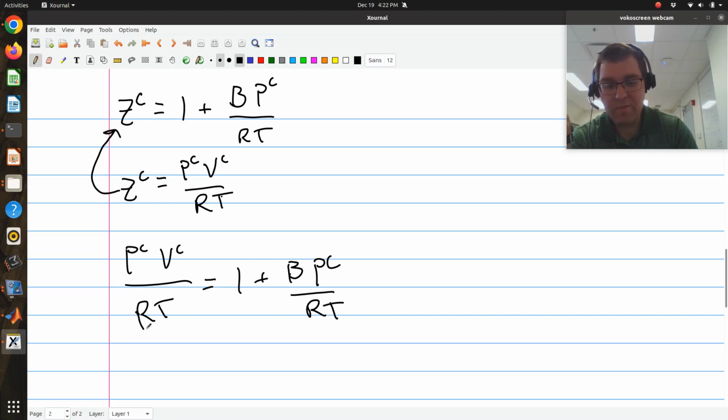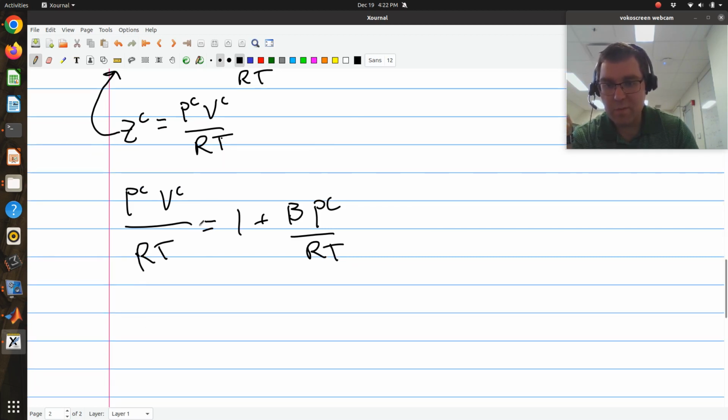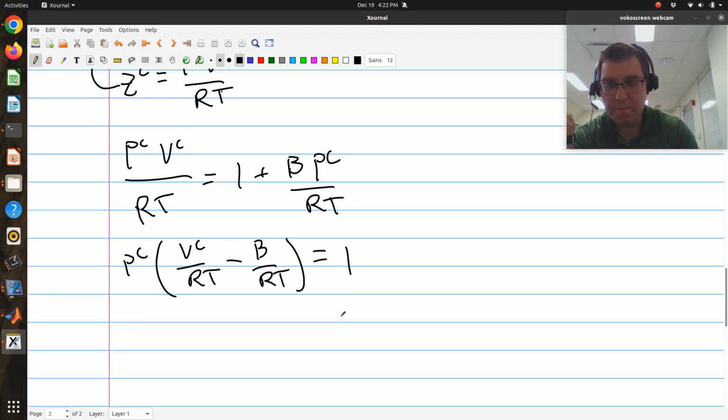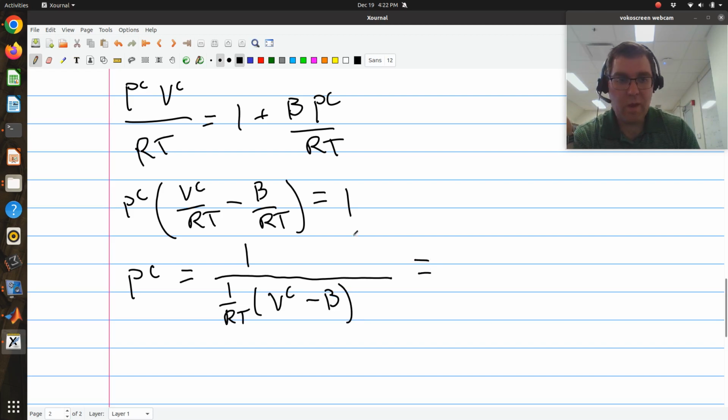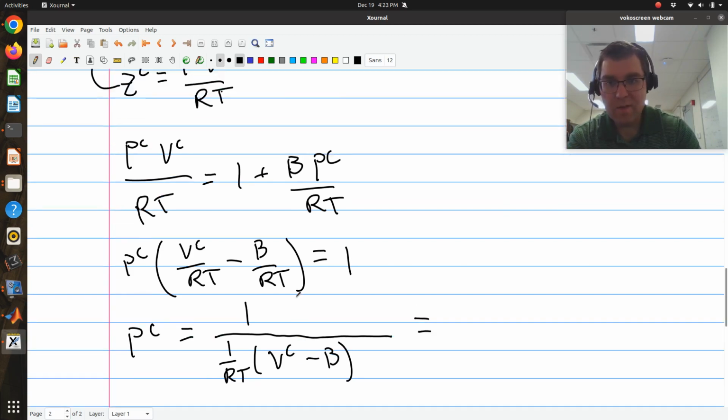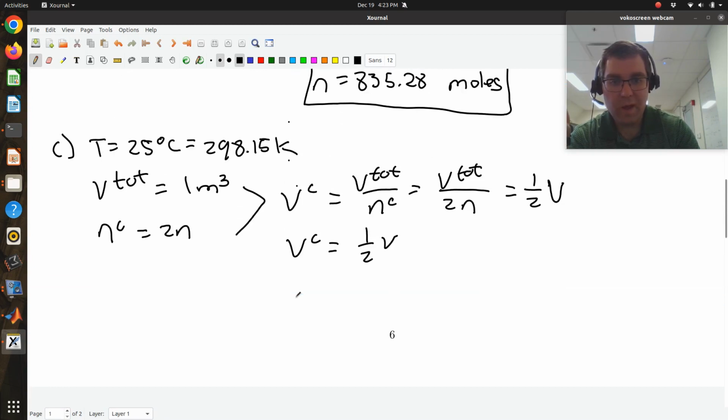Let me see if I can solve for P. So I'll bring this term over here, and I end up with PC times VC over RT minus B over RT is equal to 1. So PC is equal to 1 over, and then I could even factor out the 1 over RT, 1 over RT times VC minus B. And now, VC was just 1/2 V.